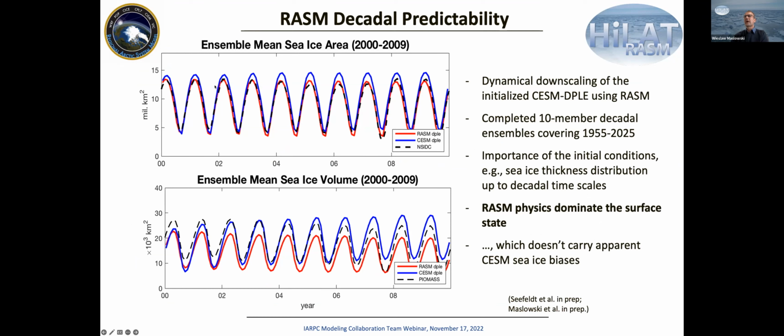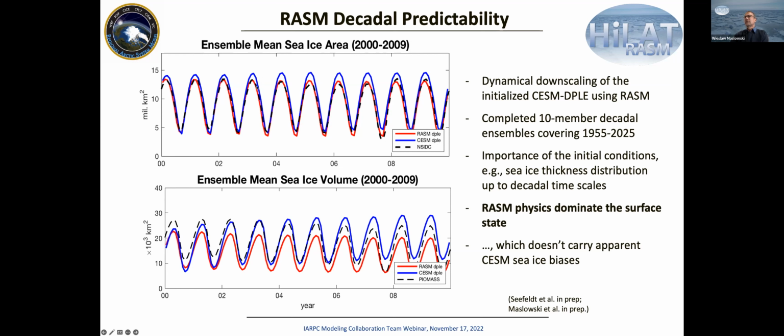I'm showing here a comparison of the ice concentration from the particular ensemble for 2000 to 2009. CSM is in blue, RASM is red, and the NSIDC for that time period is shown as the black dashed line. So you can see that we initialize with a more realistic initial condition compared to the observations, at least in terms of the ice extent.